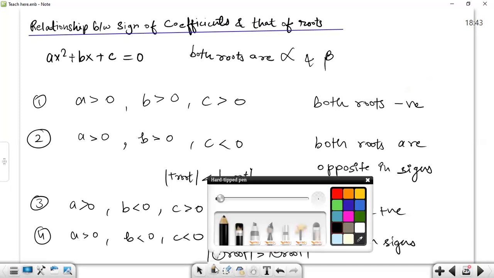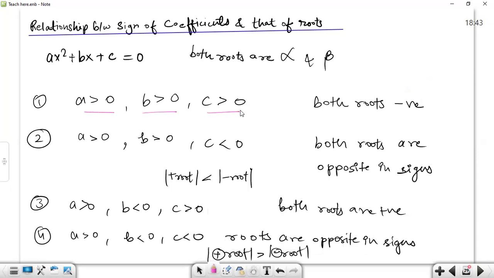So when A is positive, B is positive, and C is positive, then the roots will be negative. And how have we found that? We have simply found that alpha plus beta will be minus b by a.